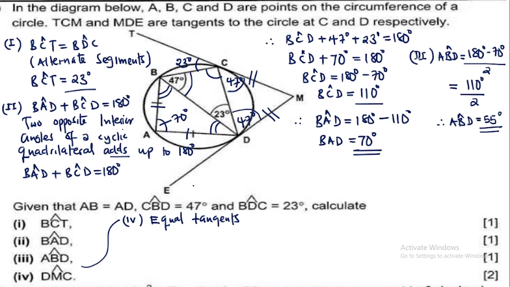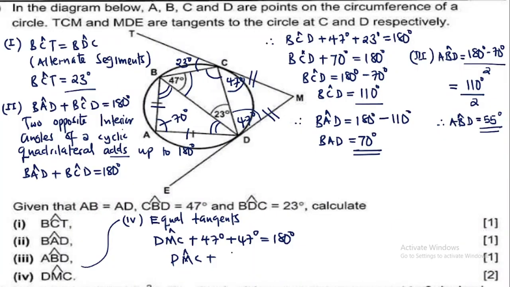So if these two angles are equal, it becomes very easy for us to find DMC. How do we find DMC? We shall say angles in the triangle add up to 180. So DMC plus 47 degrees plus again 47 degrees is 180 degrees. So DMC plus 47 plus 47, that's going to give us 94 degrees being equal to 180.